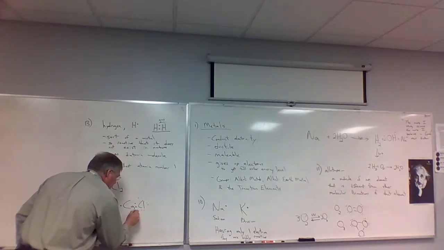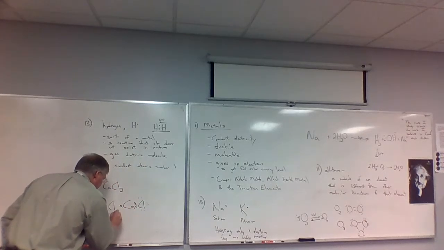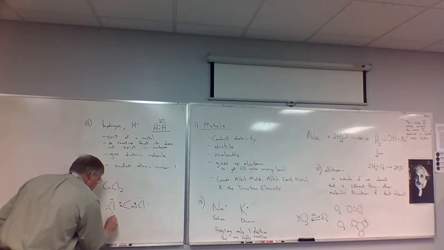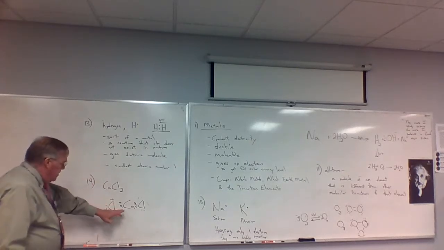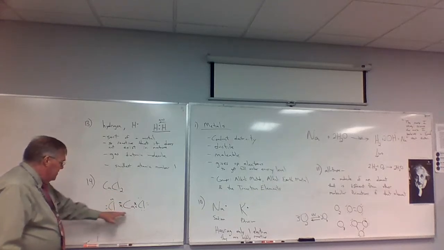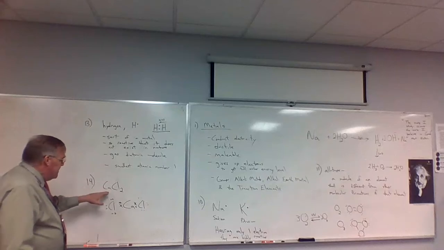This is the chlorine electron. I'm going to turn these to X's, and I'm going to put another chlorine over here, and it has a dot, and then 6 other electrons in its outer energy level. Okay? So calcium chloride, CaCl2. All right? And this will dissolve in water.